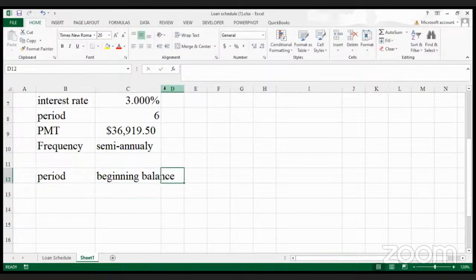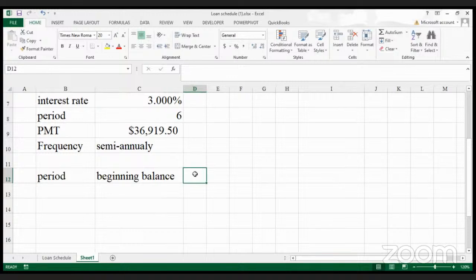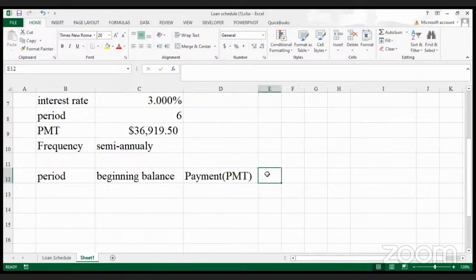We have beginning balance. Then we'll have now the payment, or installment, we call it payment or installment, which is now the PMT. Having taken care of the payment, we are going to see the interest component, which we are going to use the IPMT function to help us get that interest.